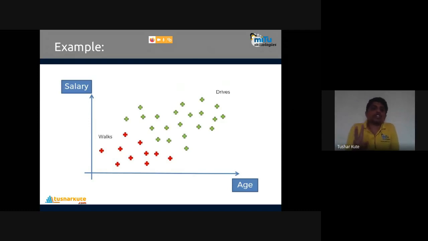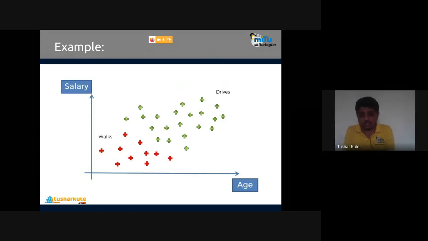Based on two features, meaning your input, and a label, meaning output. The labels are two, driver and walker. Two possibilities are there. And the features are age and salary. So based on the age and salary of an employee, we will predict the class in which a new employee will go. Correct?